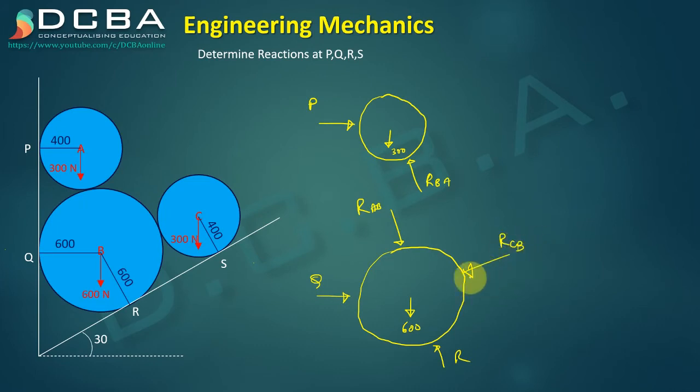So these are the reactions that are acting on this cylinder B. When we talk about the cylinder C, if I draw the FBD of cylinder C, this is acting downwards 300, this is S, this is your RBC, right? So there are total three forces here.